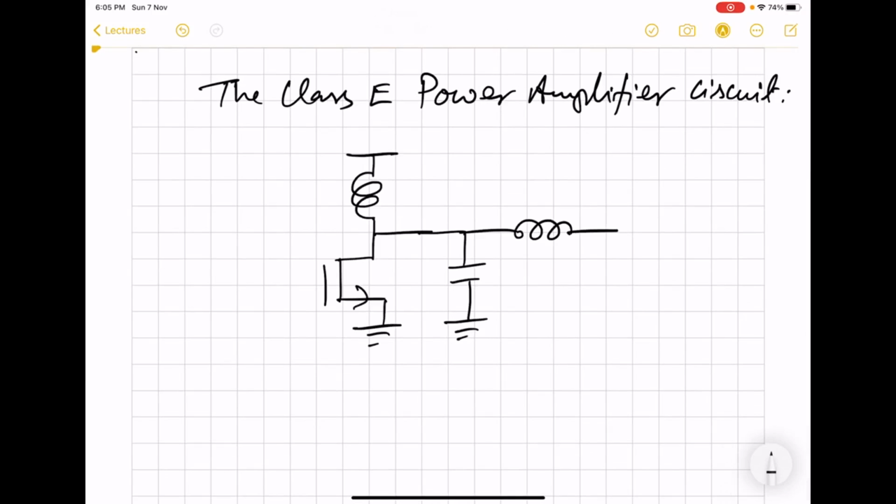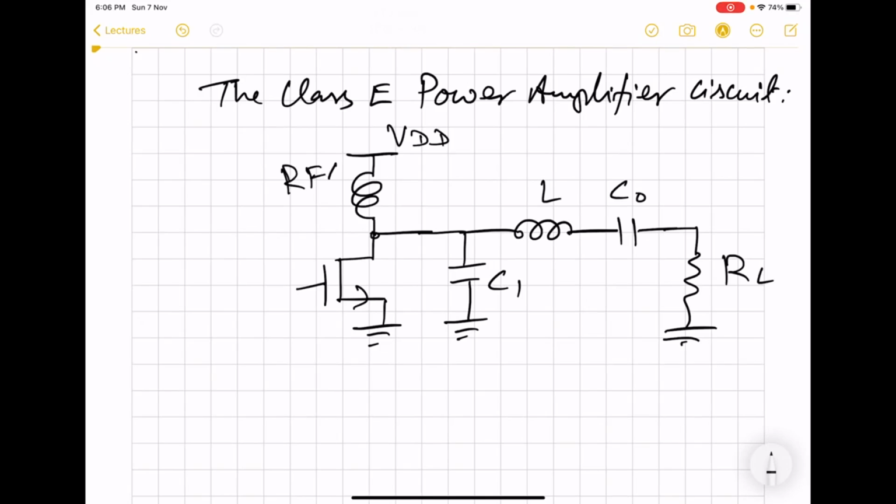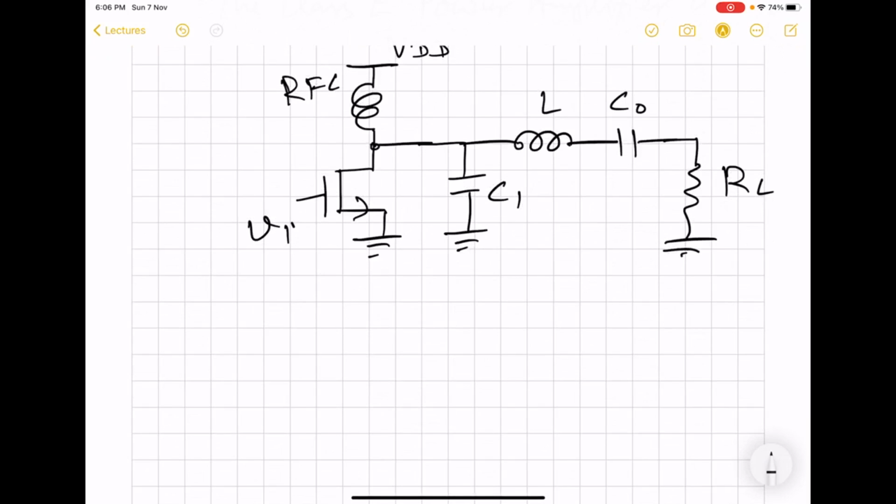And in the load network, we have a series LC circuit. And there is a shunt capacitor C1 between drain and source of the MOS. And as usual, we have RFC here.